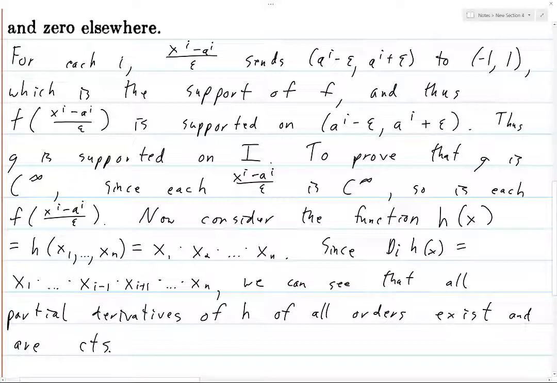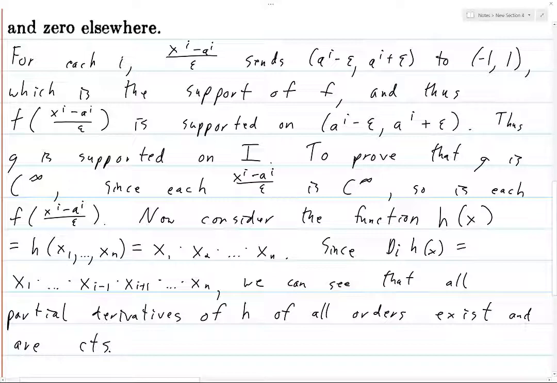If we were to take the derivative with respect to j of dih, then we would just find wherever xj is and pull that out of this product as well. Now, in the case of j being equal to i, since the function dih does not depend on the variable xi, which is equal to the variable xj, taking the second derivative will give you just 0, because you'll be taking the derivative of a constant.